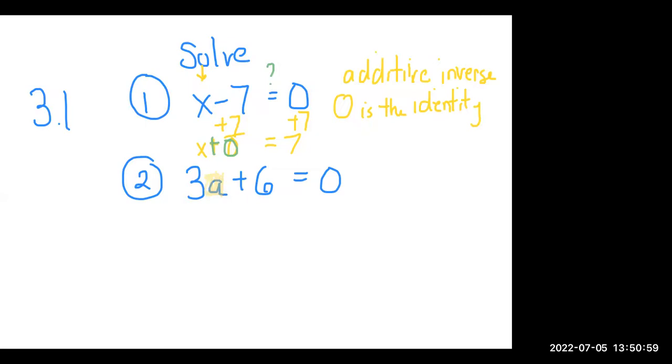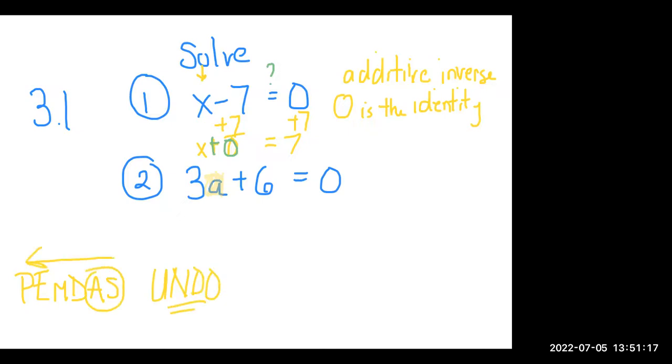We can't get the 3 off of it first because we have to work our order of operations backwards. So we talked about order of operations last week. And to undo a situation, we go backwards.